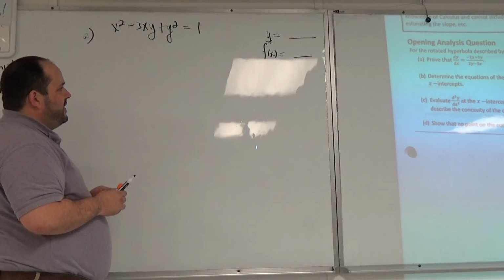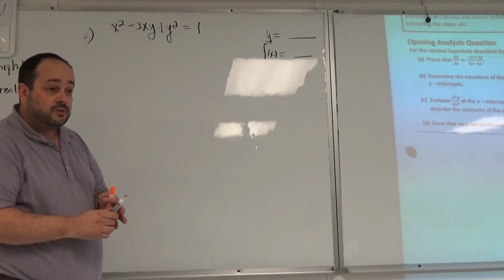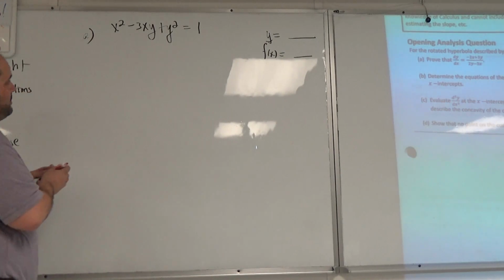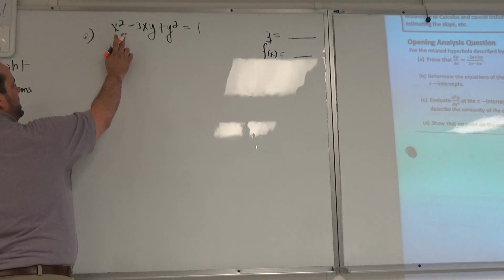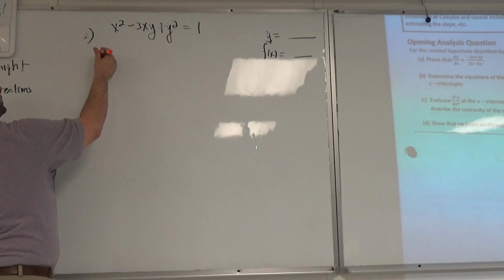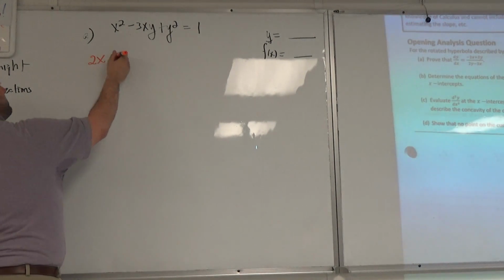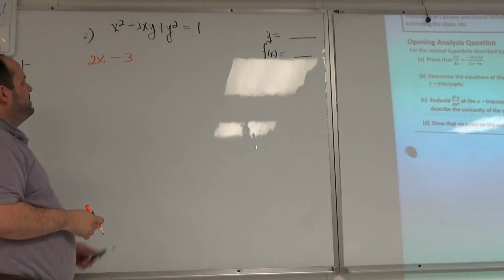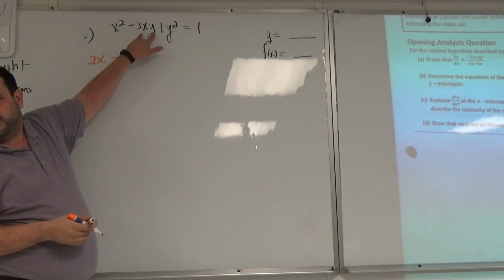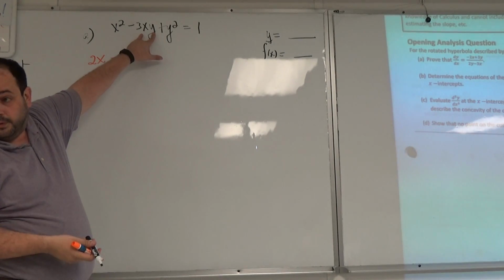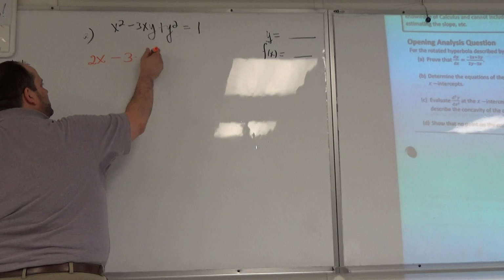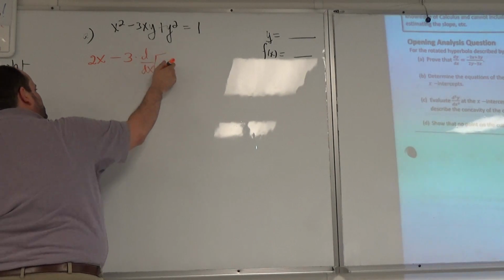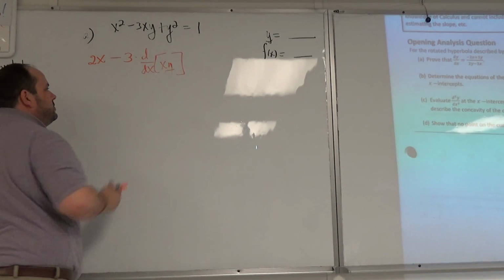So we're still going to find the derivative. That's okay. We're going to use derivative rules, but things are going to be a little bit different for us. Easy step here. Derivative of x squared? 2x. Nothing new there. Minus 3 times, now I need to take the derivative of xy, and this is going to be a product rule. For this first step, I'm just going to write this as derivative of xy.